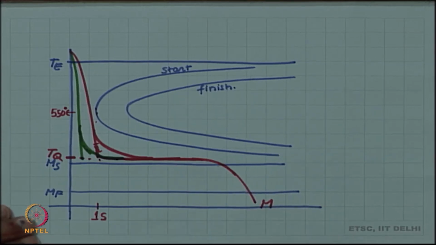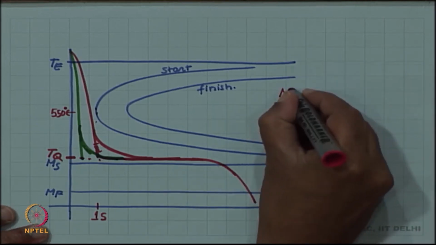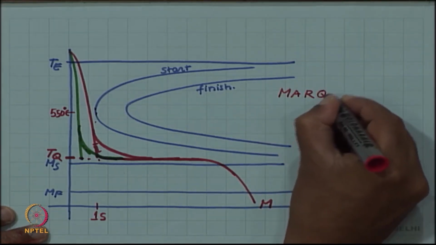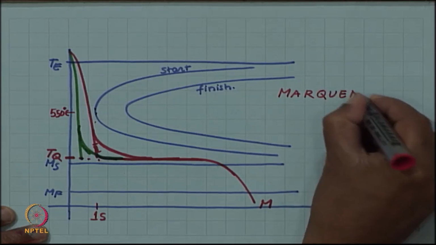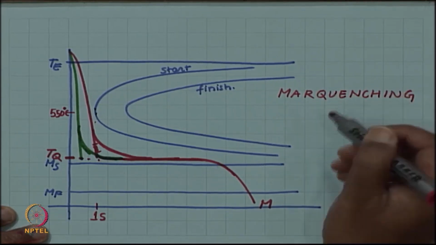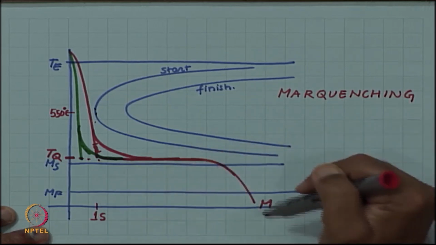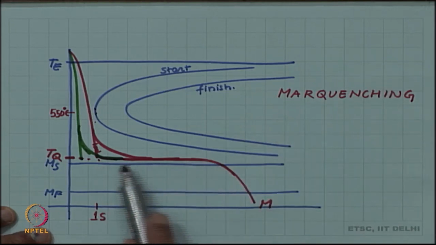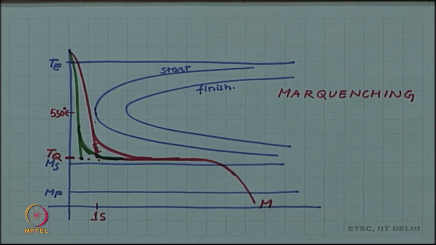So, this interrupted quench is called Marquenching. Like quenching, Marquenching is also producing martensite, but it is avoiding the problem of generation of residual stresses and avoiding the problem of quench crack.